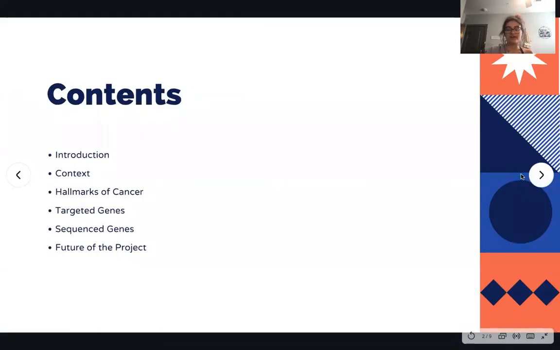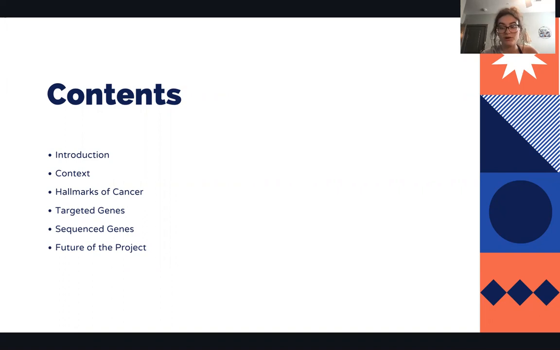So first, just to give a quick overview about what I'm going to be covering today in this presentation, I'm going to start with an introduction on the article itself. Next, I'm going to be going into some context about cancer as a whole and how the disease relates to this article. After that, I'll be reviewing some of the hallmark signs of cancer, what makes cancer cancer, and how you can distinguish it from other diseases.